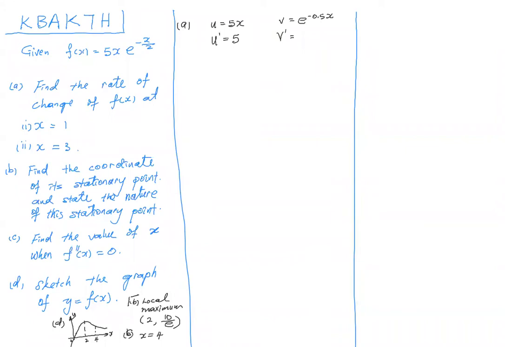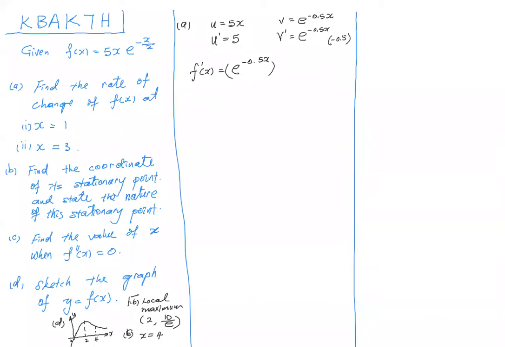e to the power negative 0.5x times negative 0.5. Okay. You remember the product rule? Can you give me v times u prime plus... So wait, is this my v? Yeah.